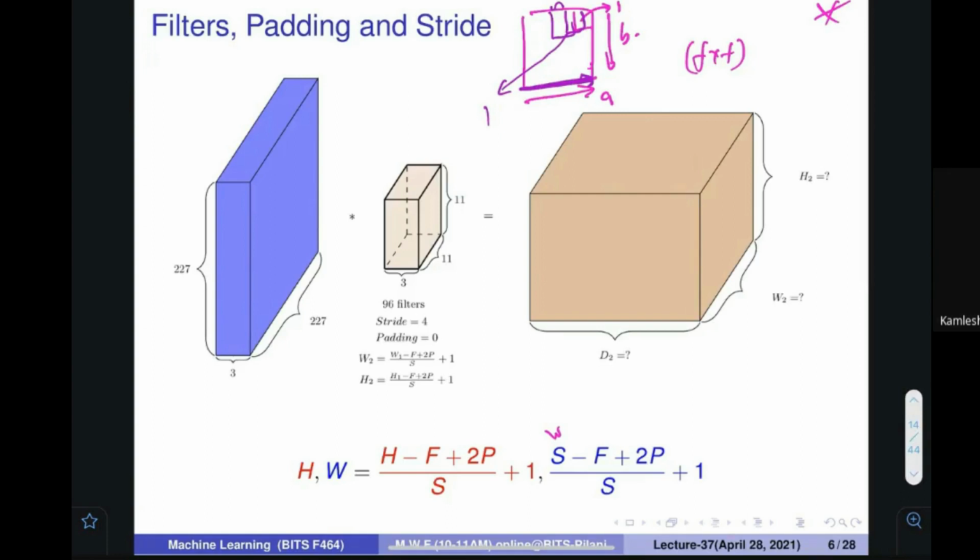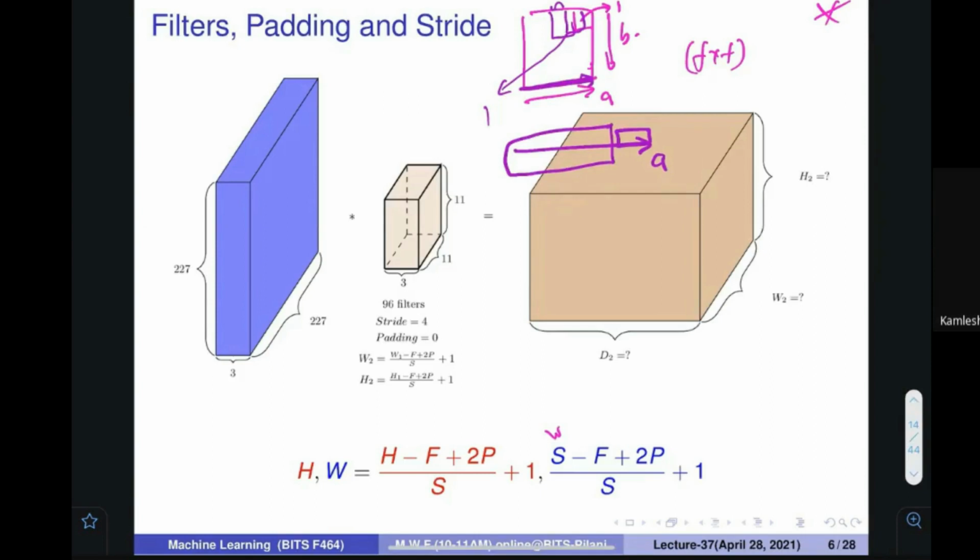Let's concentrate on only one direction. How many pixels are there? A pixels are there. My filter size is F, and I can put it here. So how many values are here? A minus F values are there.